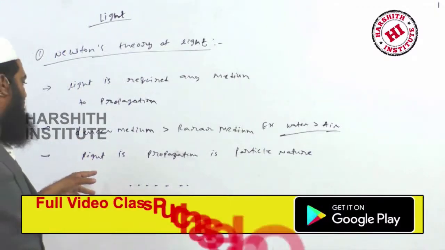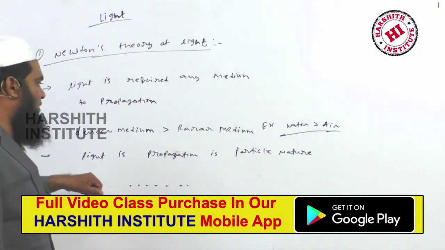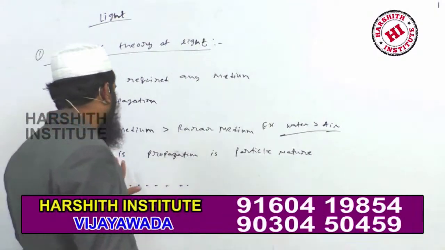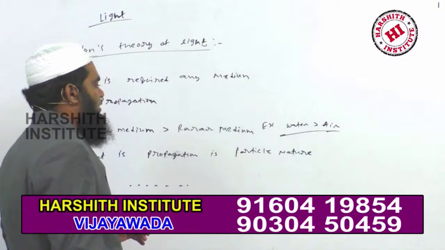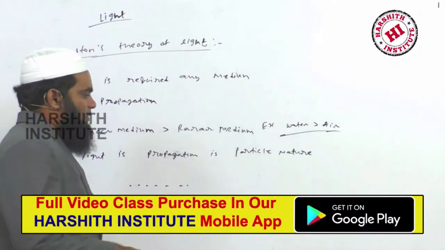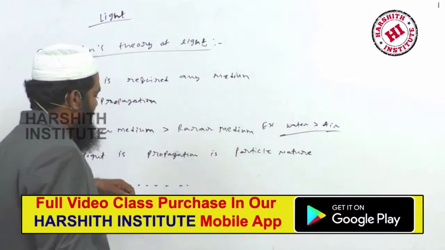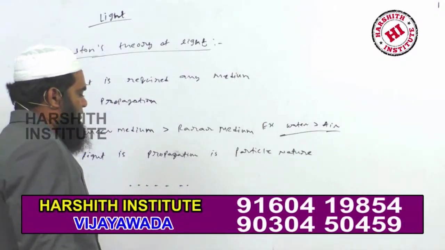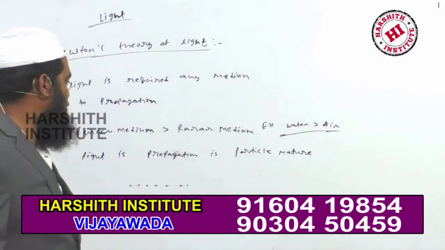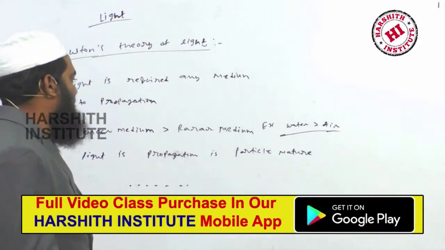The third condition given here is that light propagates in any medium with particle nature. The light propagates in a medium by particle nature.